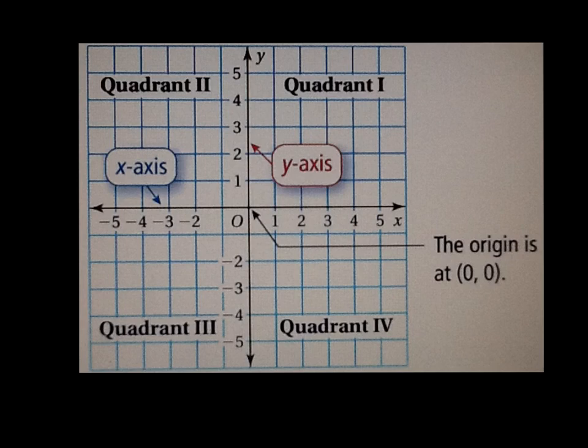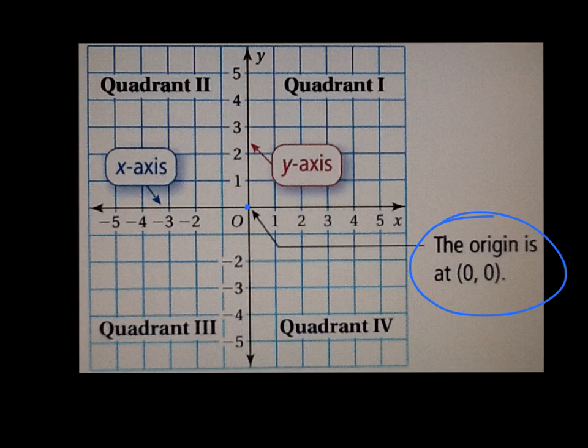So we have our quadrant 1, okay, so that's this entire quadrant. Quadrant 2, quadrant 3, and quadrant 4. And then what's also important to know is that the origin is at 0, 0. So that's where everything begins, okay?